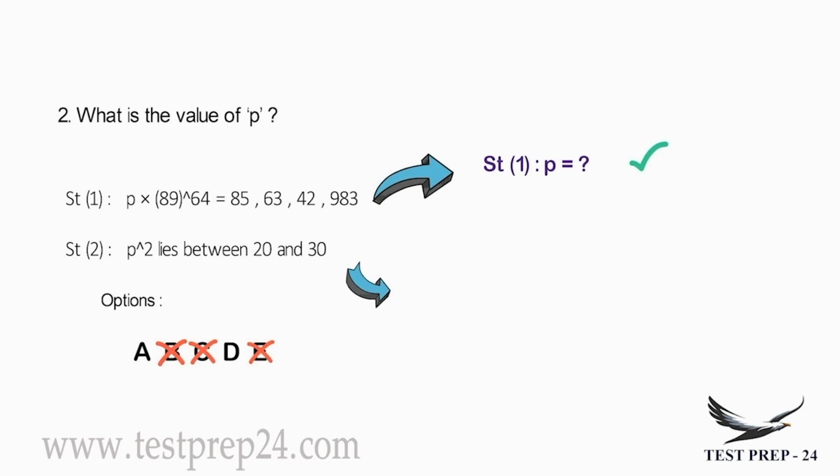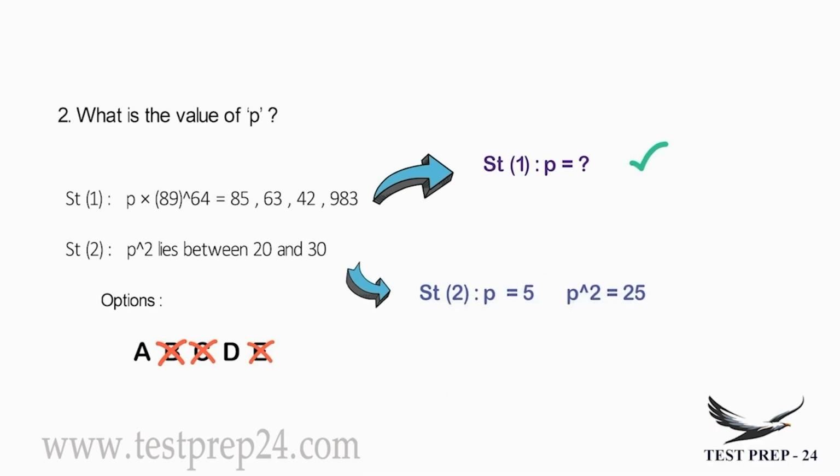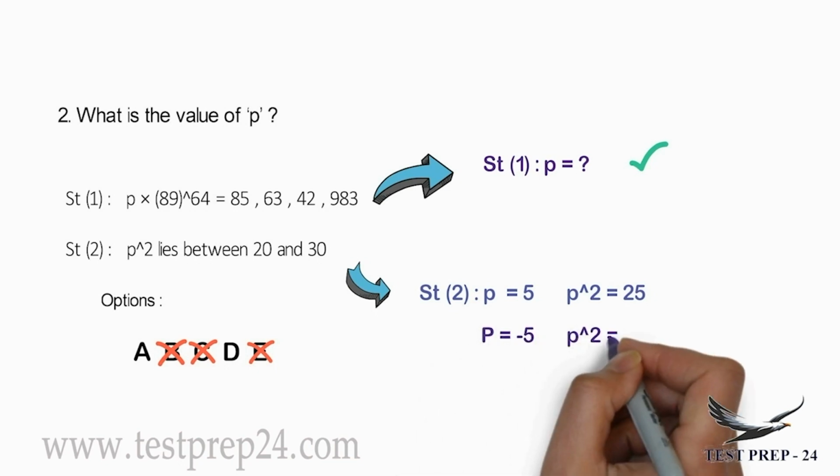Let's discuss the second statement now. It is P squared lies between 20 and 30. Can you give me some value for P? If I take it as 5, 5 squared equals 25. P squared lies between 20 and 30 and my answer is 25, so this is justified.